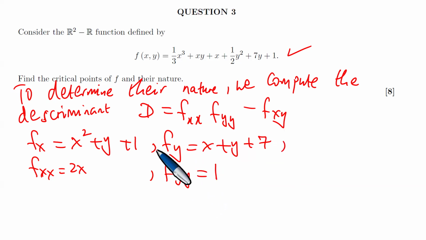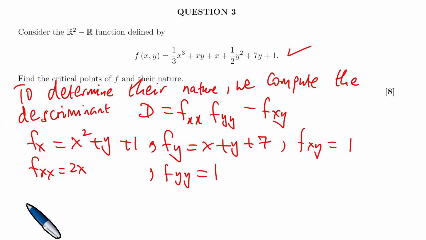Now we continue. fxy. Okay, there's fx. Fx is this one. Then differentiate this fx with respect to y. So this is going to be 0, 0, and this is going to be 1.